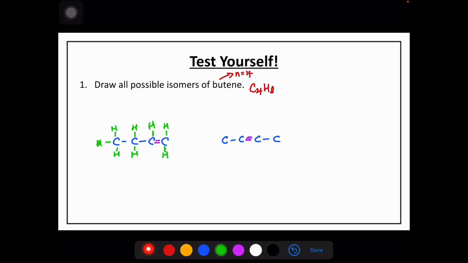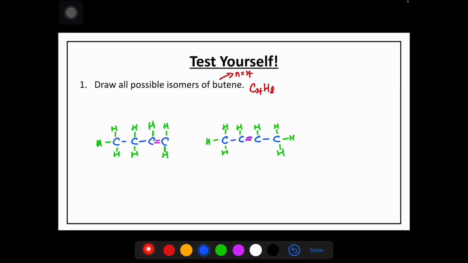If you add in the hydrogen, you will realize that the 2 carbons in the middle now only have 1 hydrogen for each of them, whereas the 2 carbons at the end have 3 hydrogen for each of them. This is an isomer because it shows how the structure is actually different, because the double bond has shifted, the way the H is being connected is different, but the formula still stays the same. So that's one way to look at an isomer.